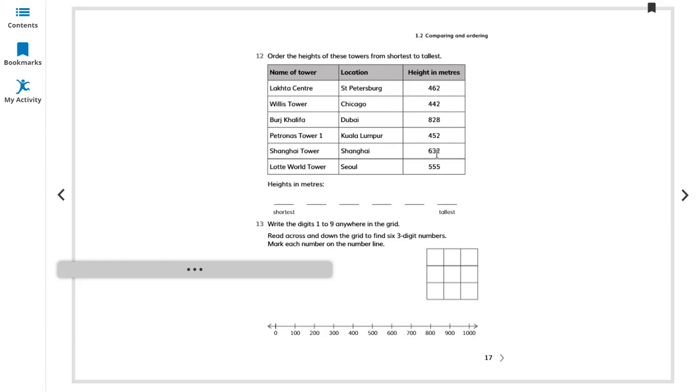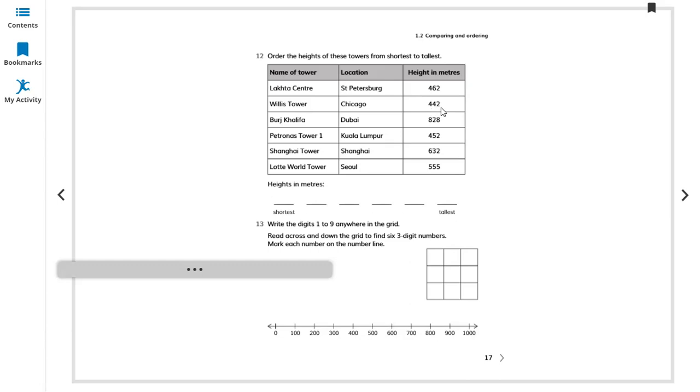So we need to find the smallest. So we can write here the shortest one. So 400, 404, 462, 442, 452. This one, 442. This one is the smallest.